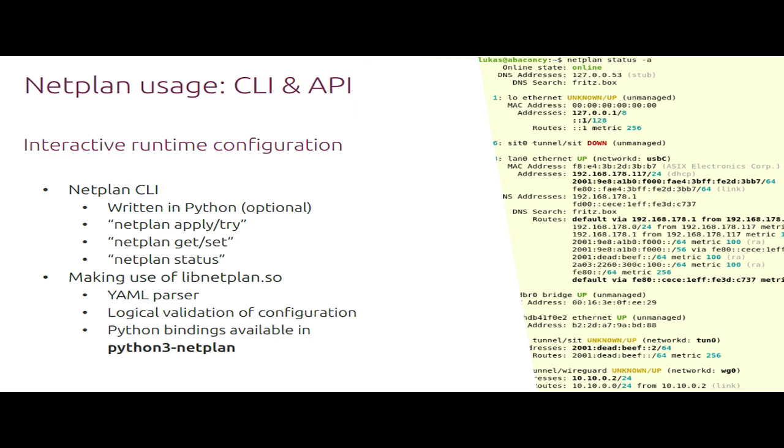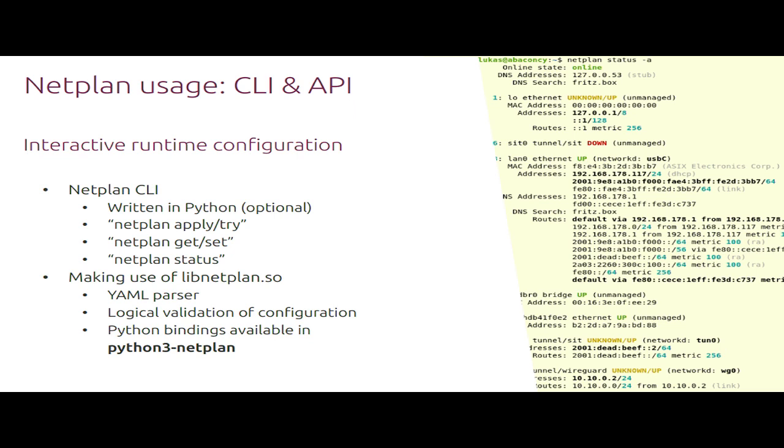And we have the netplan status command that is displayed in the screenshot on the right. The netplan status command will query your running system and try to gather as much networking information as it can find from different sources, independently of whether those are managed by Netplan or not. It will list all the interfaces, and it will display information like IP addresses, showing whether those are static IP addresses or acquired by DHCP.